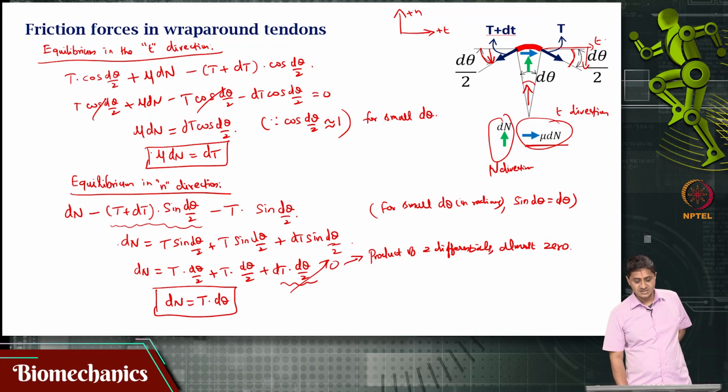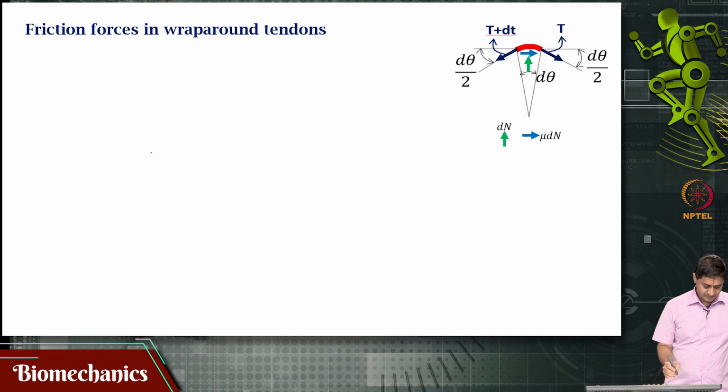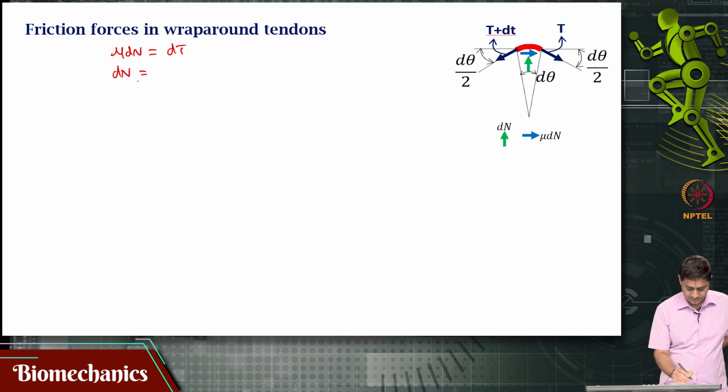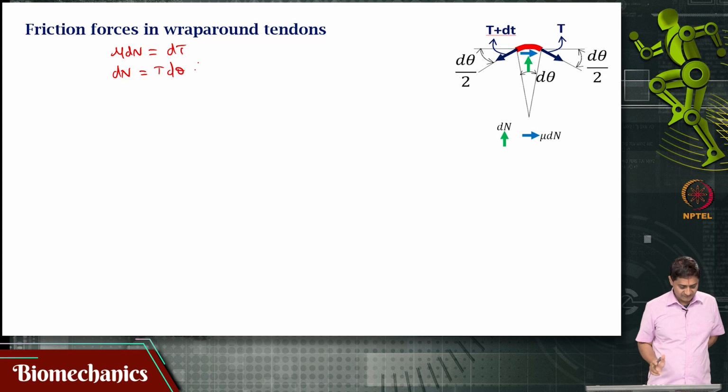Let me write this in the next slide and continue the discussion. Mu dn is equal to dt and dn is equal to t times d theta. This is what we have.